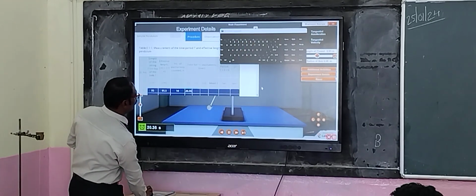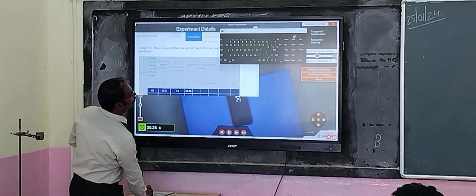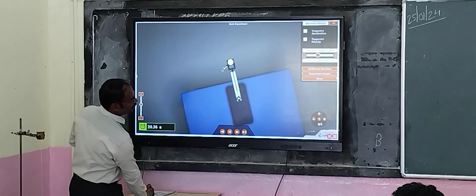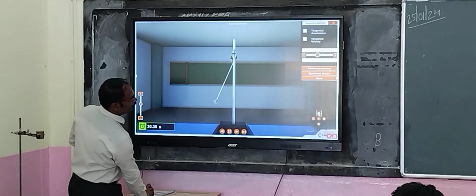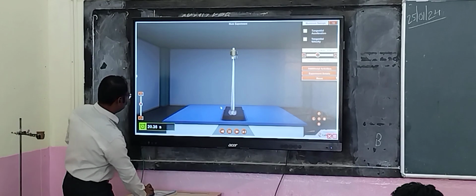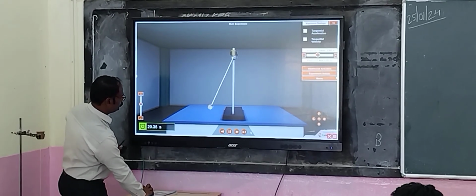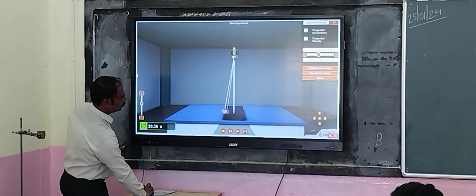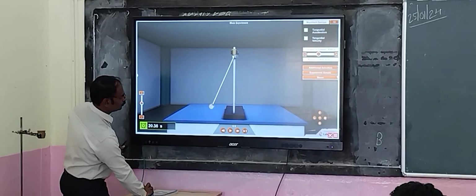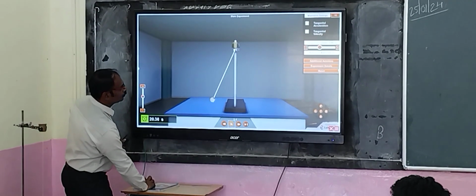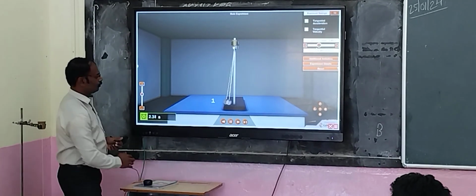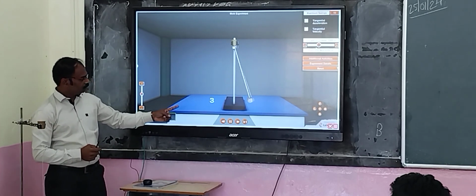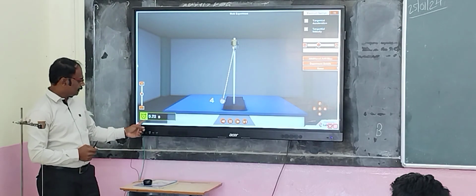Then we have to repeat the experiment like this. Again, second reading.